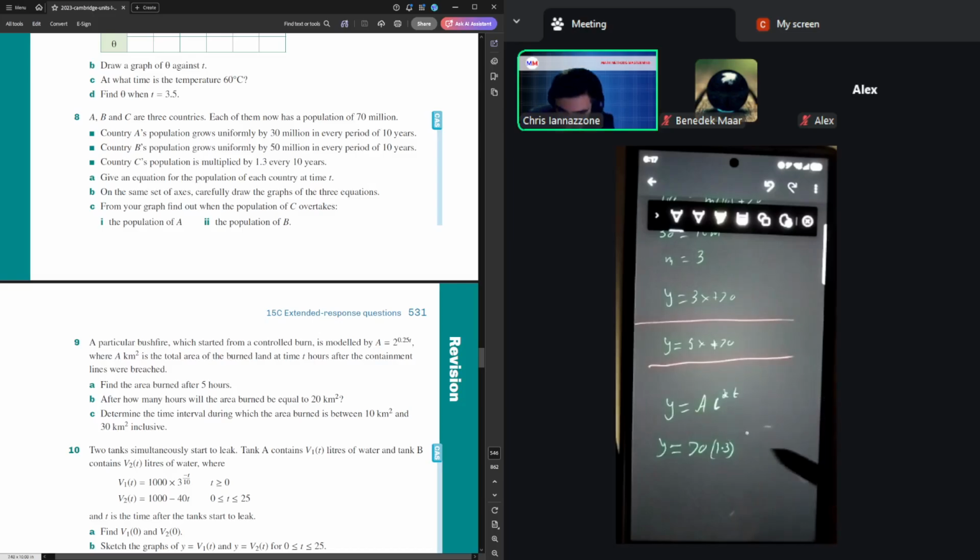K also has to do with growth rate. It's got to do with the duration over which you do your multiplication. And since it's every 10 years, and we're saying t is going to be in terms of years, we're going to set our k value to be 1 over 10.